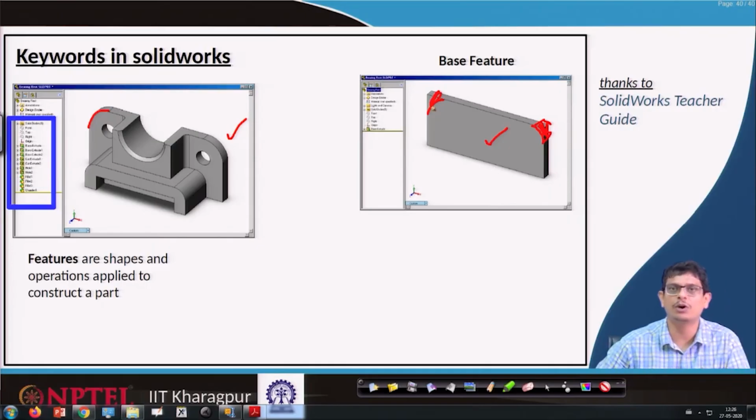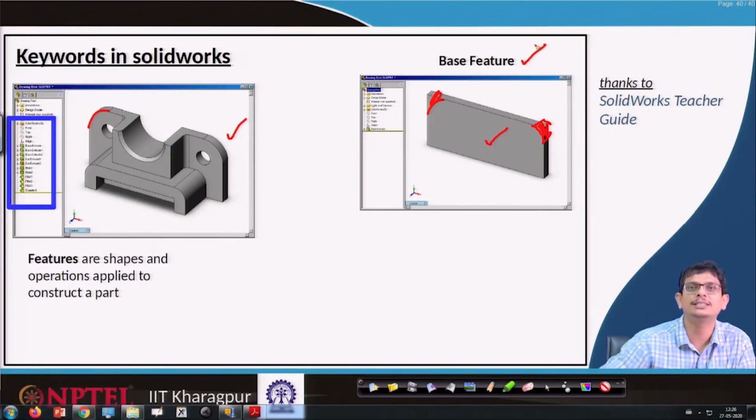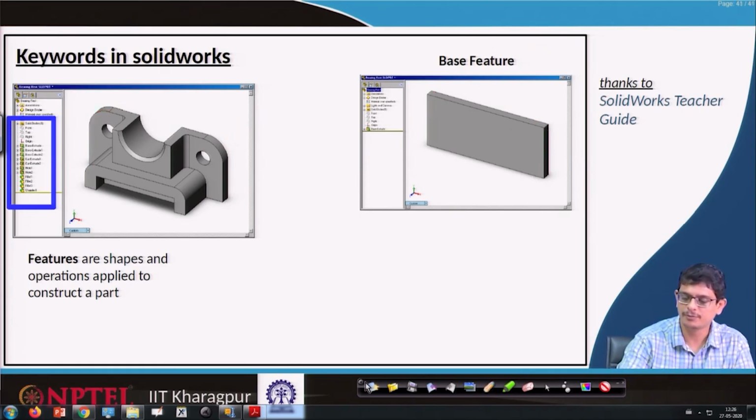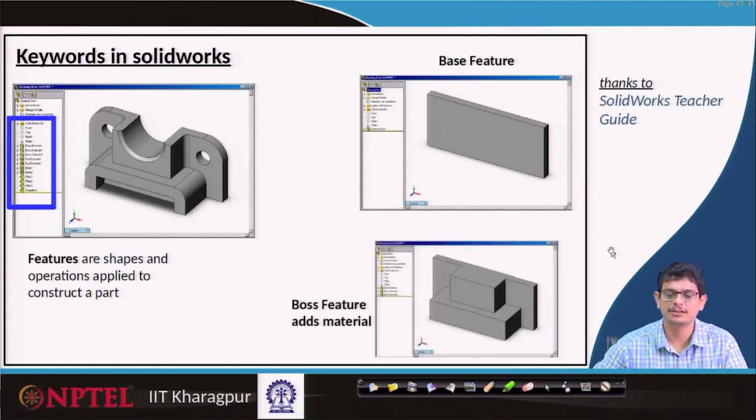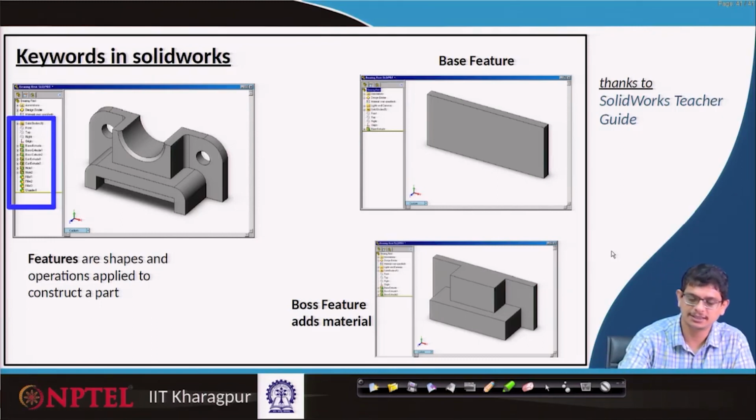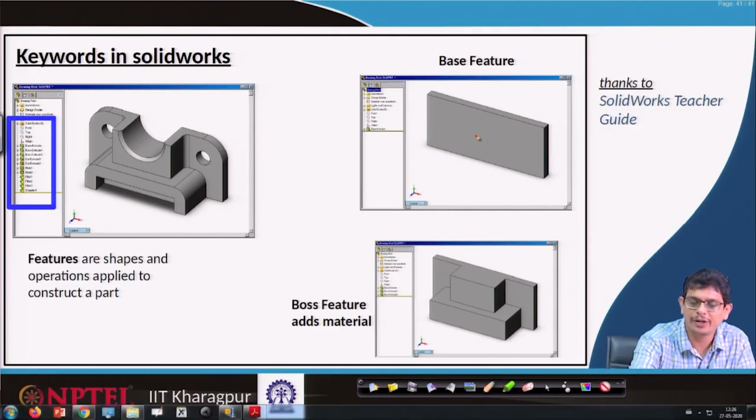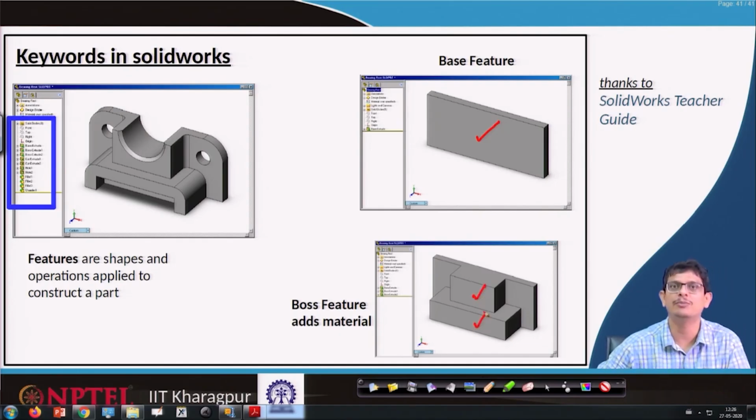The first one that we construct carefully is what we call the base feature. A boss feature is one where you extend things and add material. So, we have prepared the base, and on that we are going to add boss information, extra things.